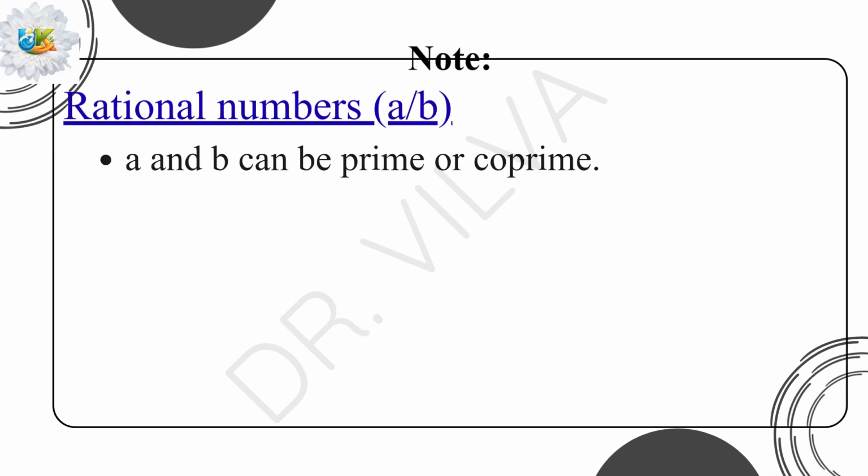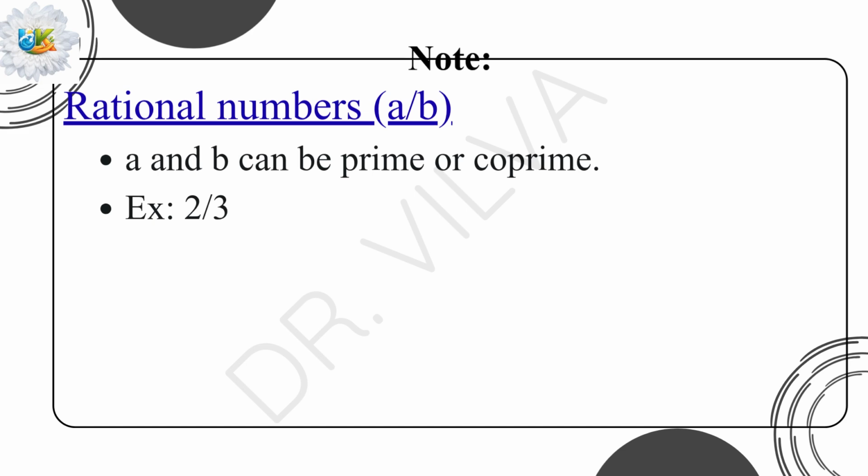Please keep in mind that rational numbers are written in the form a by b, where a and b are integers. In some cases, a and b might both be prime, like 2 by 3. 2 is a prime number, 3 is also a prime number.